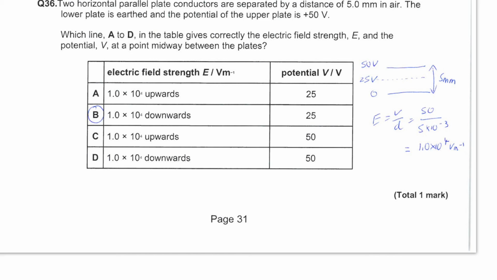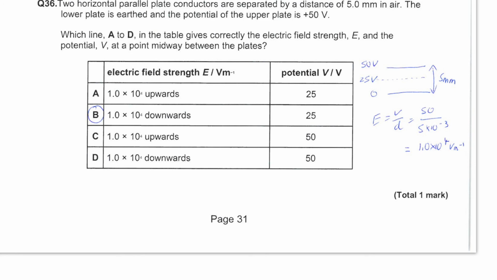So that gives us a value of 1 times 10 to the 4 volts per metre. Now, you'll see that that value actually repeats 4 times, so that hasn't helped us very much. So we need to then also consider the direction of this electric field.